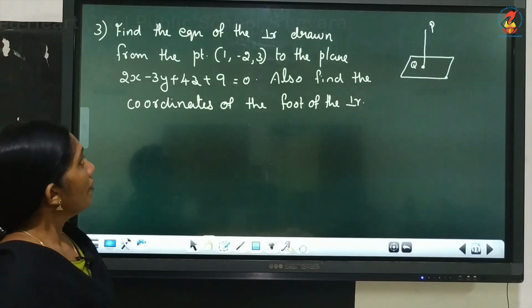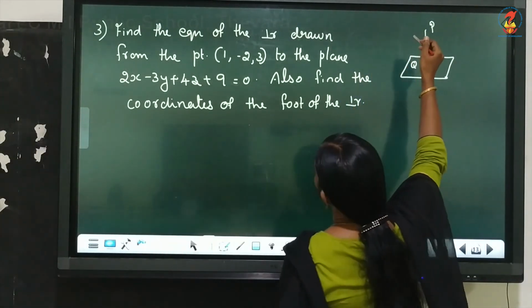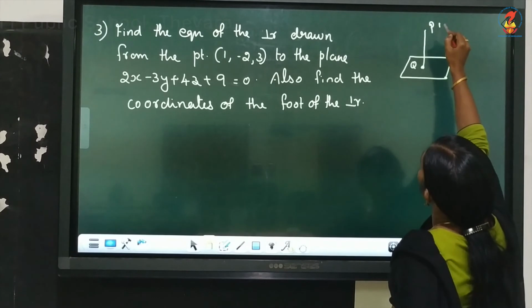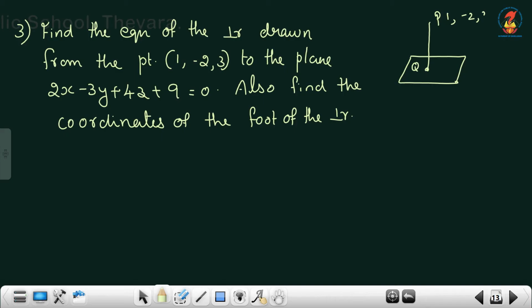Okay. Find the equation of the perpendicular drawn from the point. Point is given as 1, minus 2, 3 to the plane. So this plane is 2x minus 3y plus 4z plus 9 is equal to 0.